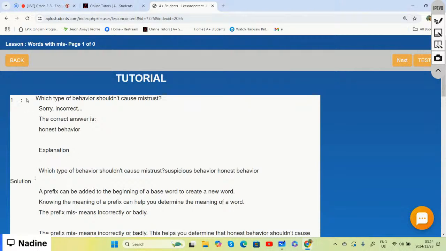All right, so now it says, which type of behavior shouldn't cause mistrust? What shouldn't cause mistrust?